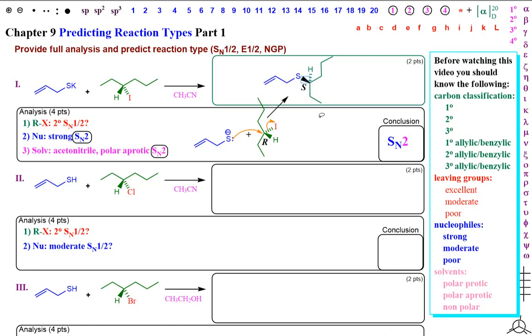But I do not expect you to be able to give me this visualization. Here's the easiest way to show an inversion of a stereocenter. Copy your original. Get rid of the leaving group. Make that a wedge. Flip the H to a dash. And put on the rest of the nucleophile.